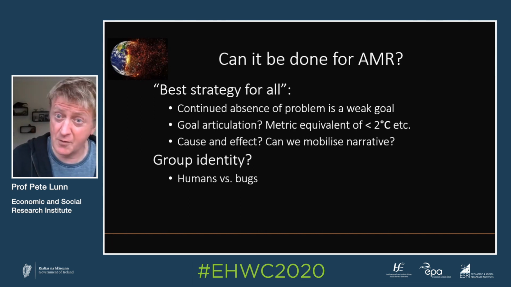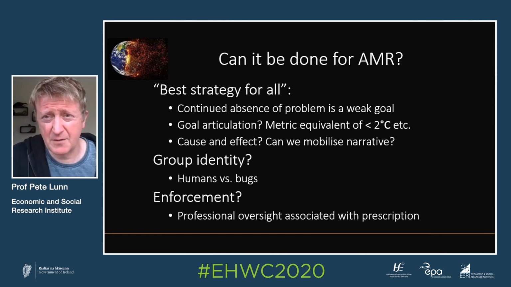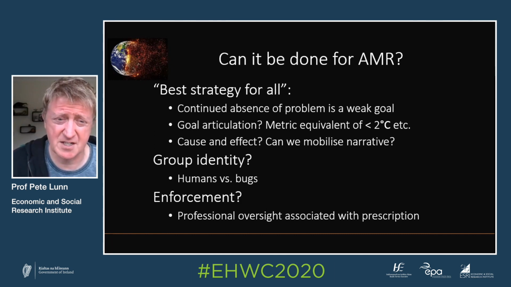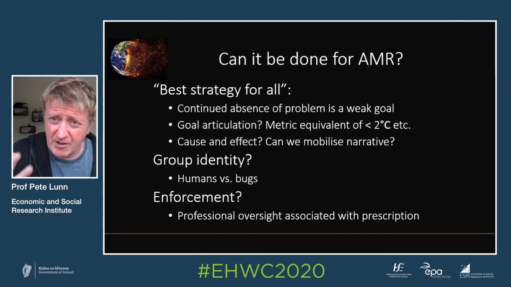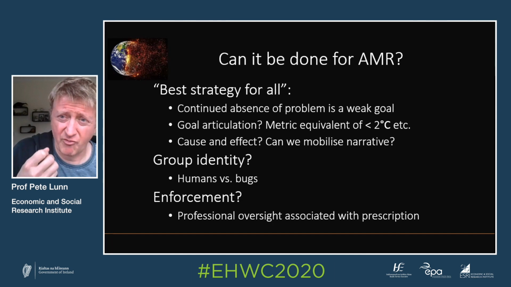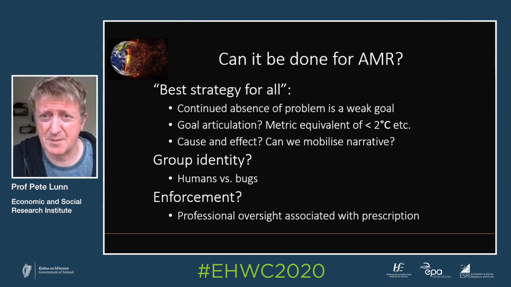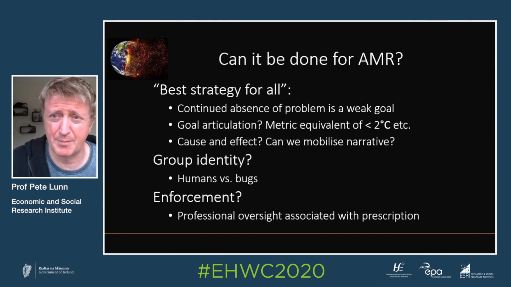That's an advantage over something like climate change, where quite often we're dealing with humans versus humans because it's a human-generated problem. And enforcement: clearly one of the advantages with a case like antimicrobial resistance is that we have a degree of professional oversight associated with the way antibiotics, for example, are prescribed. And therefore, with the possibility of engaging with the right levels of enforcement and putting in place greater oversight of people's behavior within the collective action problem, we might be able to mobilize some of that in order to get better coordinated action.